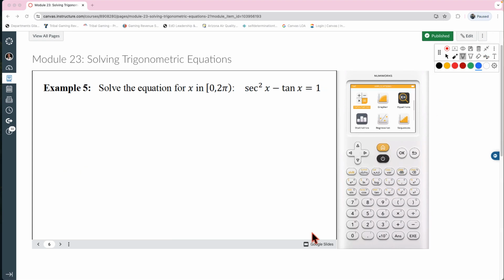Example number 5, we're going to take a look at this expression, which looks kind of like a quadratic here, right? We've got secant squared and tangent. Earlier I told you sometimes it's helpful to change everything to terms of sine and cosine, which could work here. But also remembering from our identities that there was a Pythagorean identity. This is an important one to have, all of those Pythagorean identities.